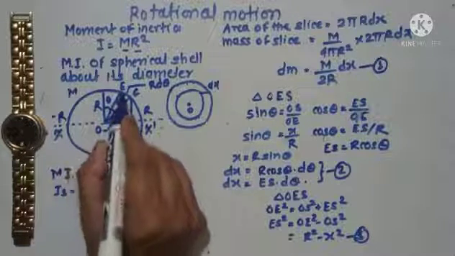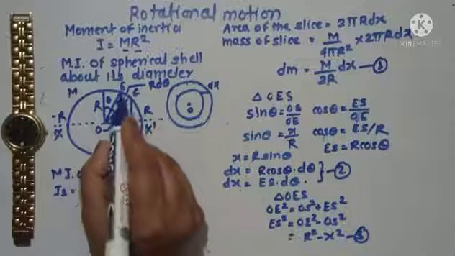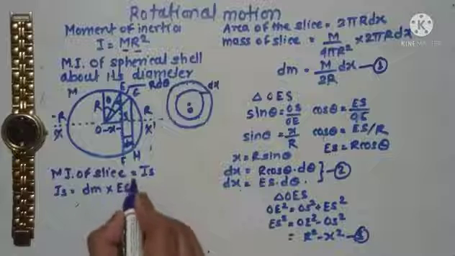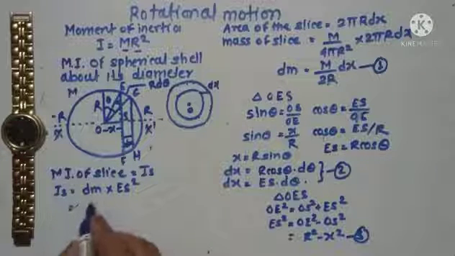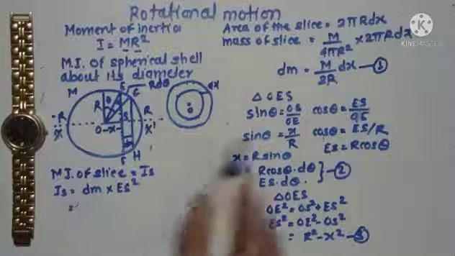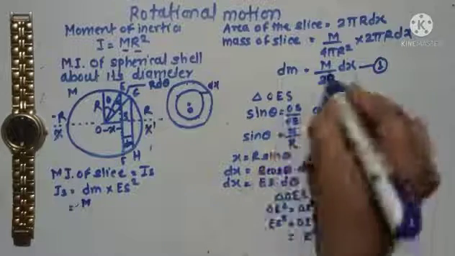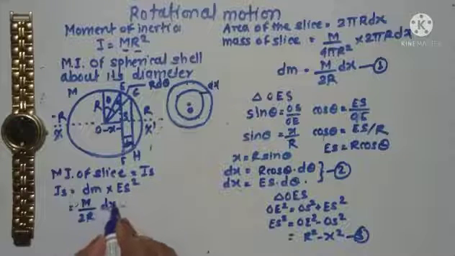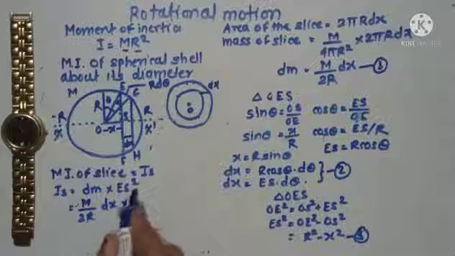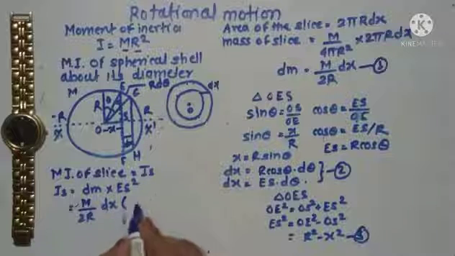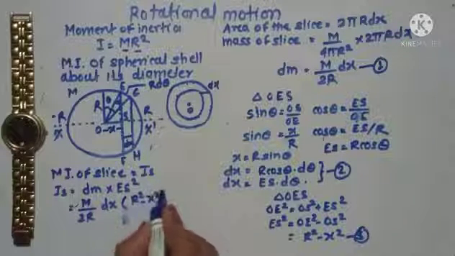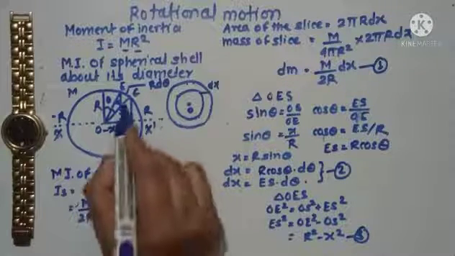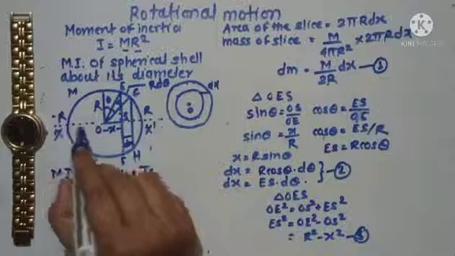In this case the distance from the axis of rotation is ES, so multiplied by ES square. So dm we have calculated in equation number 2, which is m upon 2r into dx, multiplied by ES square, which is nothing but r square minus x square. So this is the moment of inertia of this thin slice about the axis of rotation.